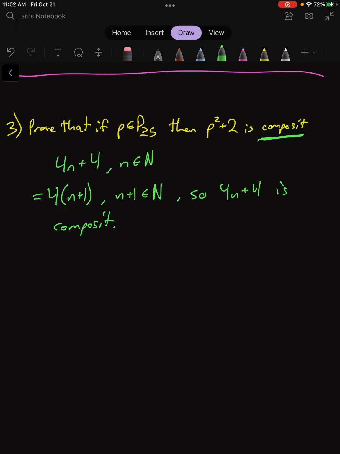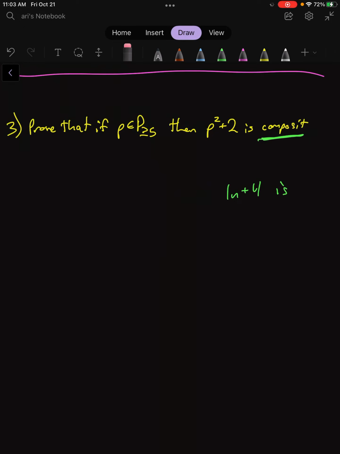And if we plug in, I don't want to do any hard ones, I guess 11, that's 121 plus 2, which is 123, which I'm sure is divisible by something. I don't know what. You guys tell me, but it's composite somehow. Maybe 21? No. I don't know what goes into 123, but something does.